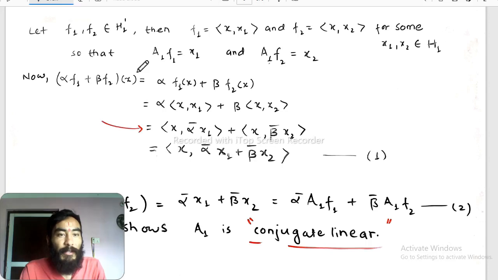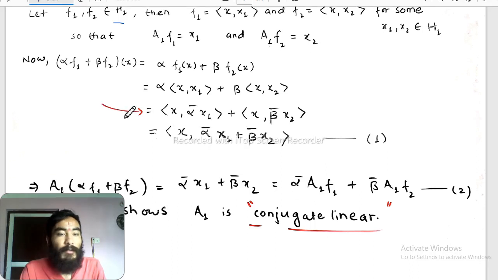The next property of A1: suppose F1, F2 belong to S1 dash. Then by the Riesz representation, F1 corresponds to x1 and F2 corresponds to x2 for some x1, x2 belonging to S1, so that A1 F1 is x1 and A1 F2 is x2 by the definition of the operator A1.